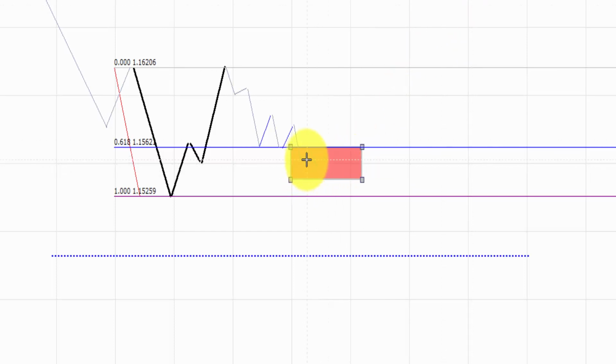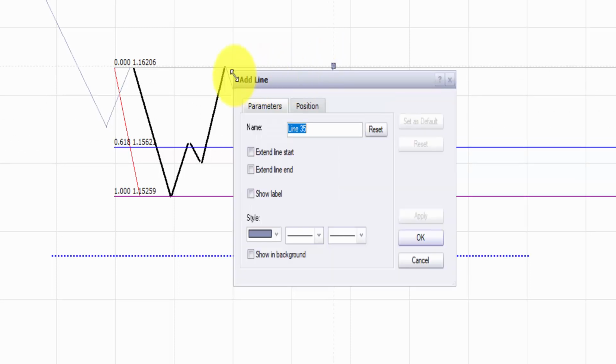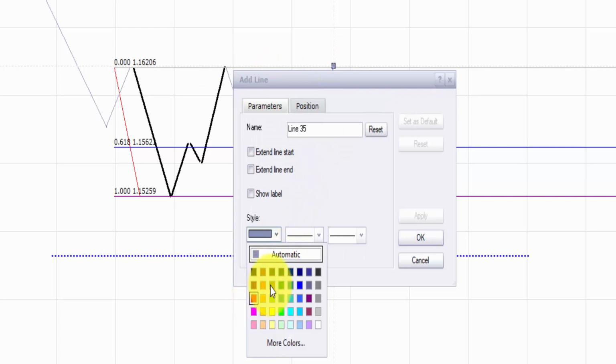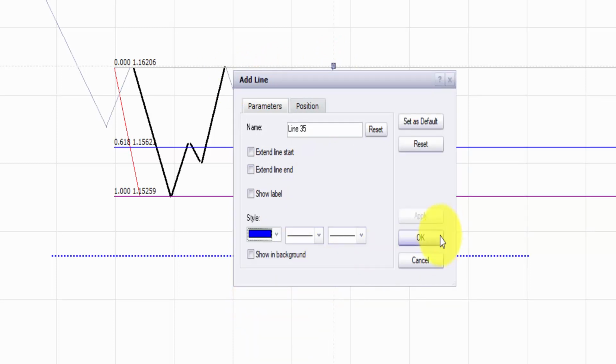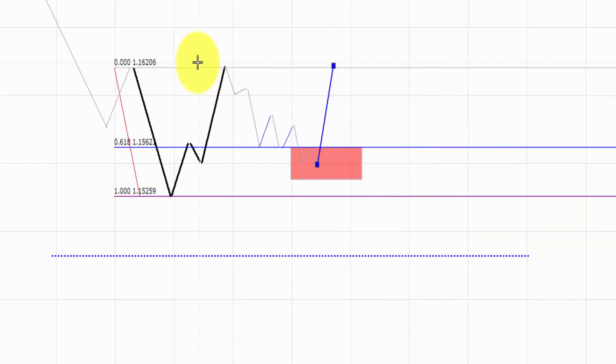So after working in between the 6.9% level and the 100% level, the price now goes back up again towards any resistance, or the top level of the V, and now that's our trigger.